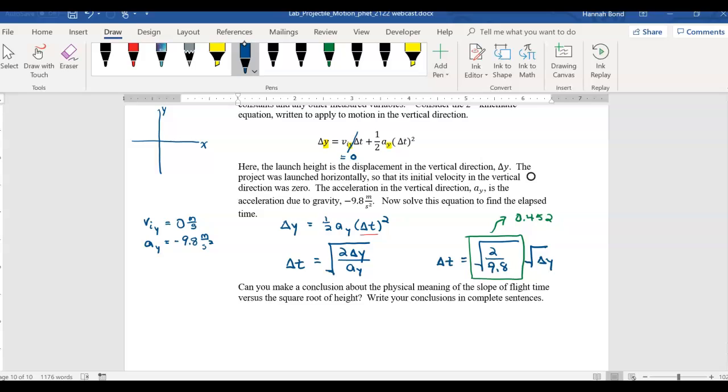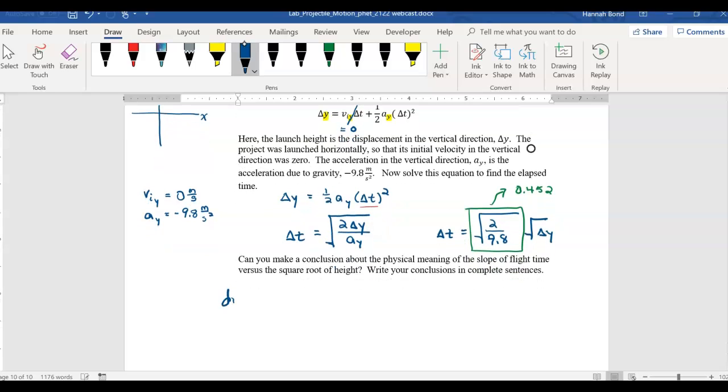Okay, let's look at the units of that, the dimension of the square root of 2 over a_y. Well, 2 doesn't have a dimension, but the acceleration due to gravity has a dimension of meters per second squared. So I'm taking the square root of this fraction, 1 divided by meters over second squared.